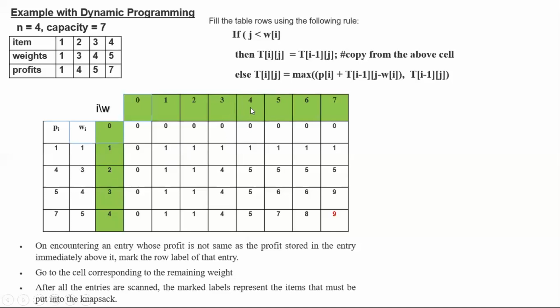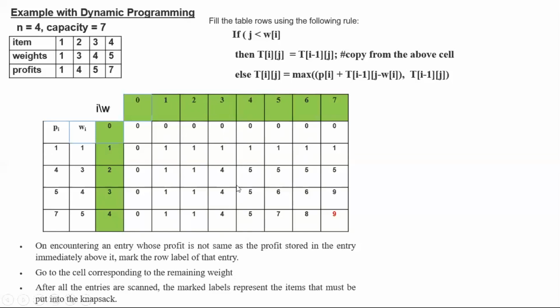So we go back to weight 1, and its profit is 1 in the above cell. So 1 plus 4 is 5. The maximum between this one and 5 is 5.